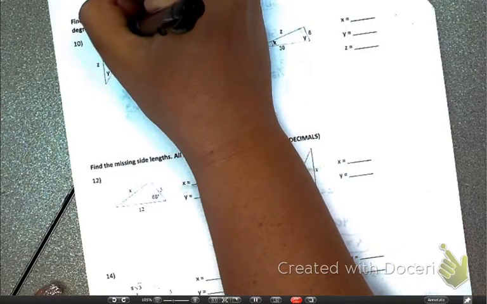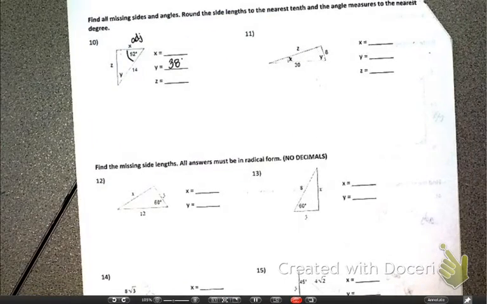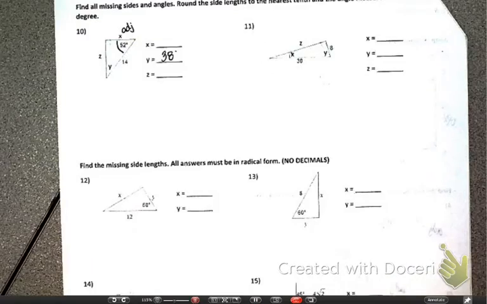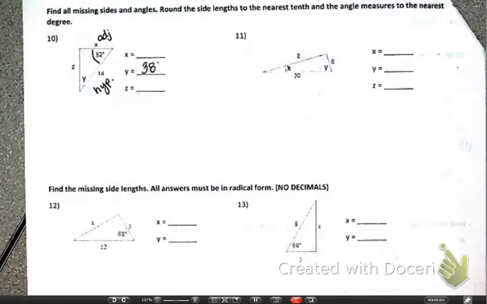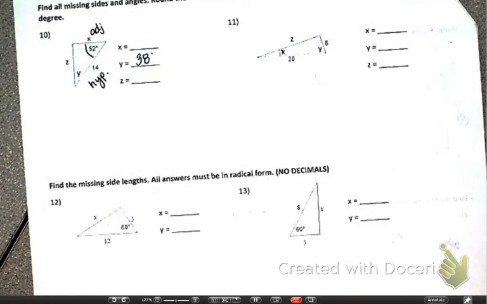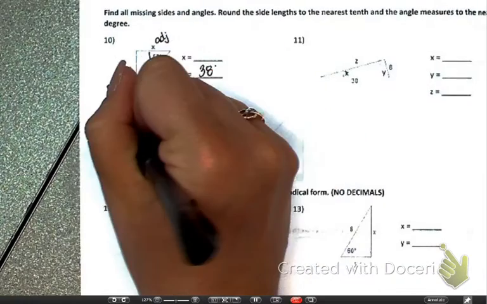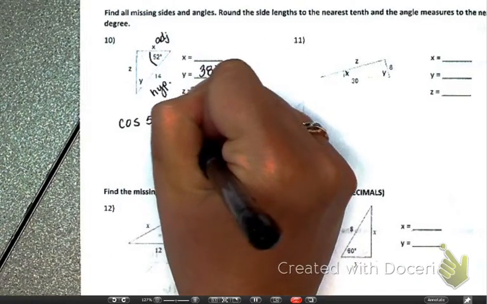Okay, so if I want to solve for x, which is the adjacent, what other side am I going to need to use? The hypotenuse, right? Because that's the side that I have. So adjacent and hypotenuse is what trig function? Cosine. So the cosine of 52 equals the adjacent over the hypotenuse.